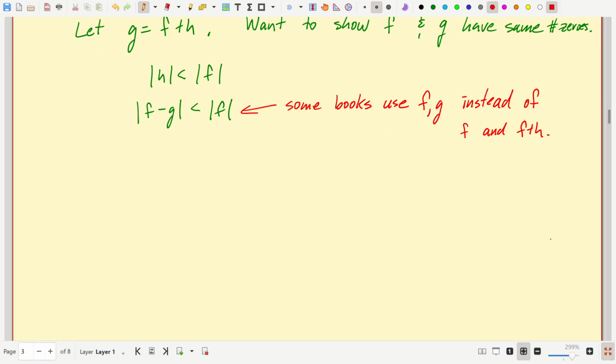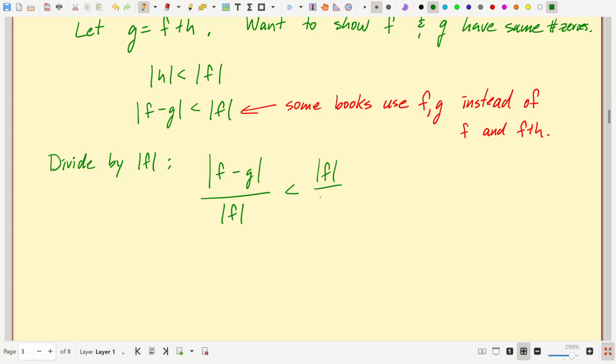Okay, but we have that inequality. And so let's see. Remember, F is not vanishing on the curve, and so I can divide by the modulus of F. Then I'd get the modulus of F minus G divided by the modulus of F, and by the way, F is never vanishing on the circle, so on gamma, I have F over F here.